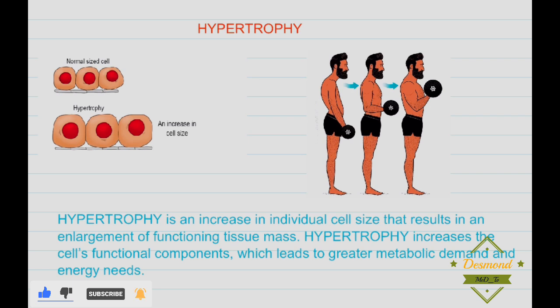The heart muscle has to work harder to pump blood against the higher pressure, which leads to thickening of the heart muscle, known as cardiac hypertrophy. So cardiac hypertrophy is an example of hypertrophy.